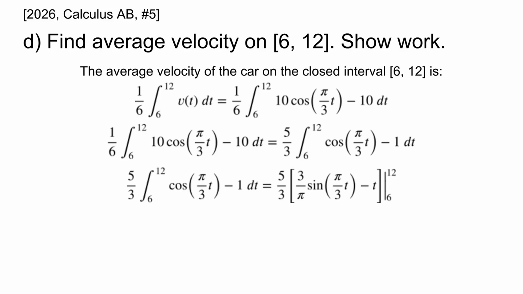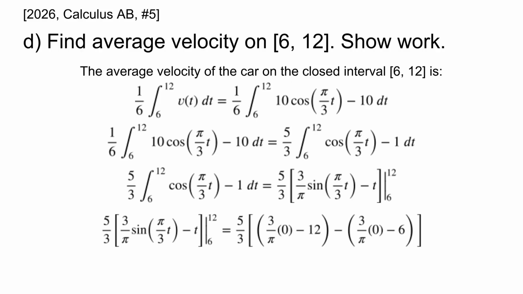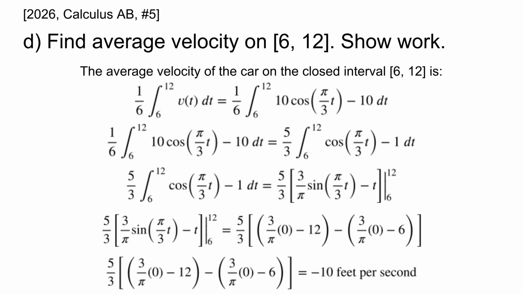And that is equal to 5/3 times the group, 3 over pi times the sine of pi thirds t minus t, evaluated between 12 and 6. And that is 5/3 times the group, 3 over pi times 0 minus 12, minus 3 over pi times 0 minus 6. And that will simplify to negative 10 feet per second.